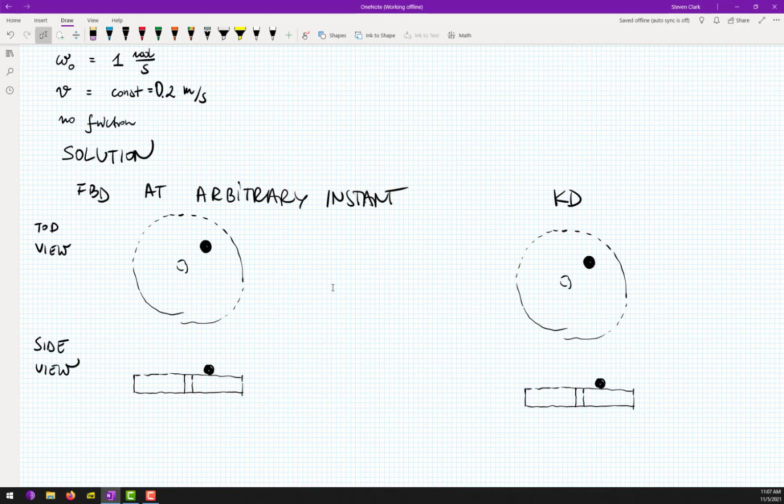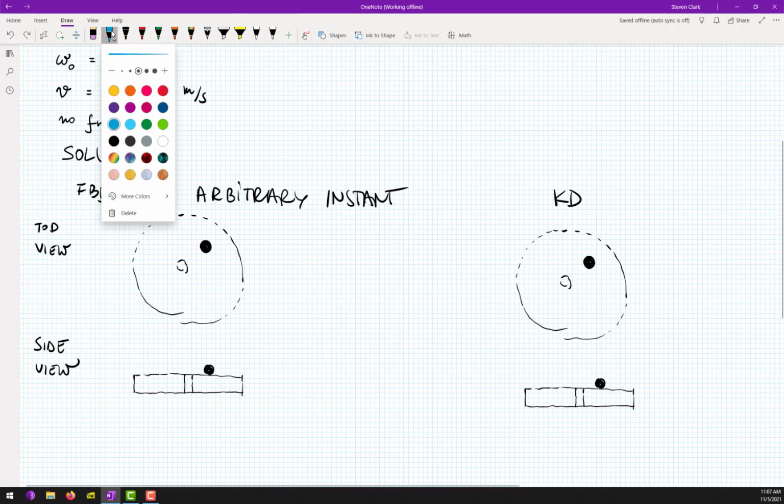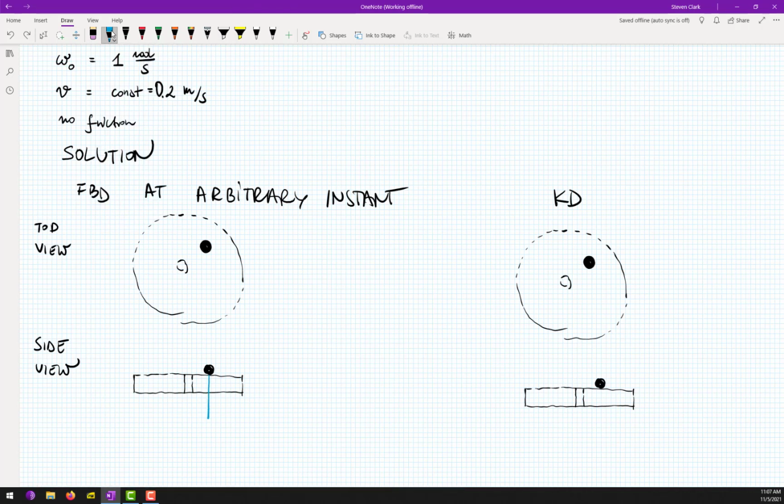So what forces act on our system? I believe that there is mg acting on our system, and in here it will be acting this way, of course. There should be a reaction force, N. And there is one more force acting on our system.